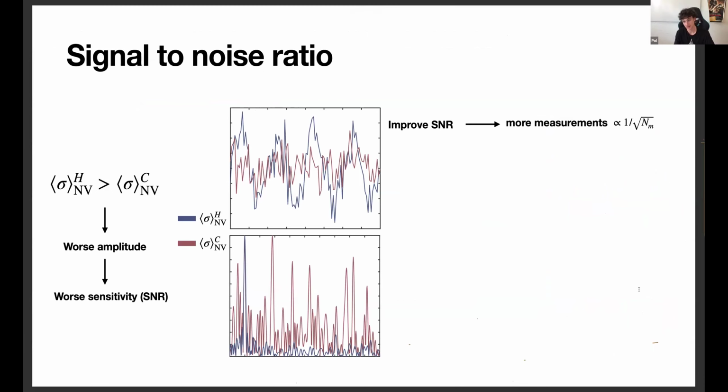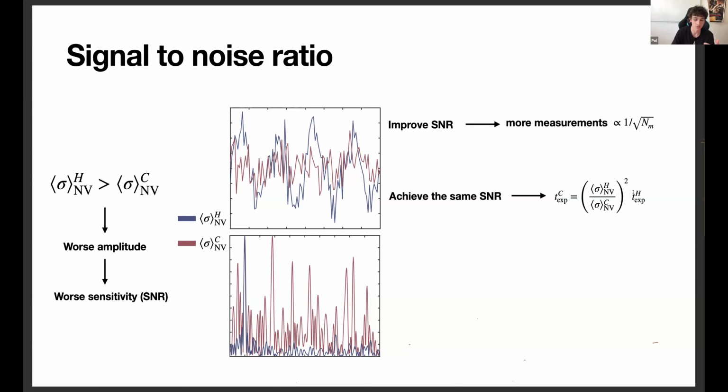Okay, but as I said, the relationship goes like this. So to achieve the same signal to noise ratio as when I'm measuring the hydrogens, I would have to perform a much longer experiment, because the relation between the times is this one, and recall that the amplitude of the hydrogens is much higher than the one corresponding to the carbons, and there's a square here on top of that.